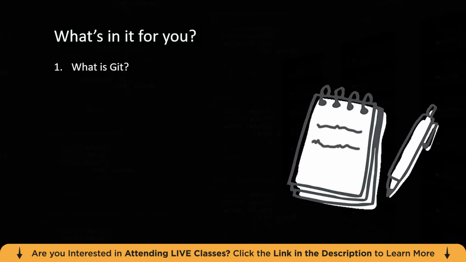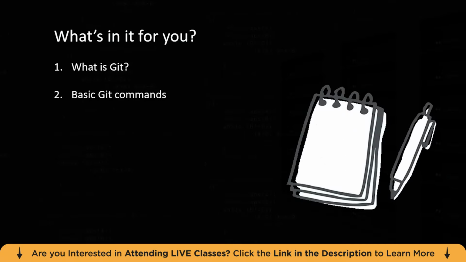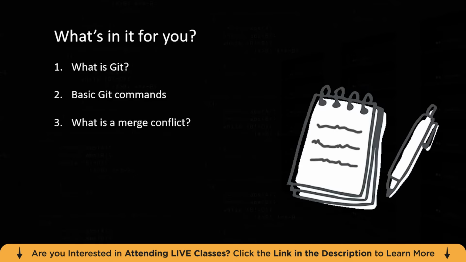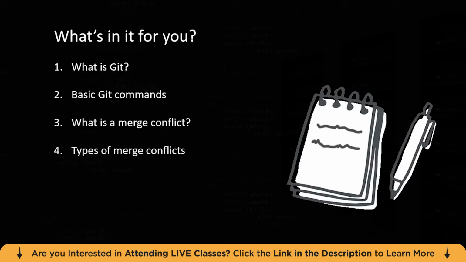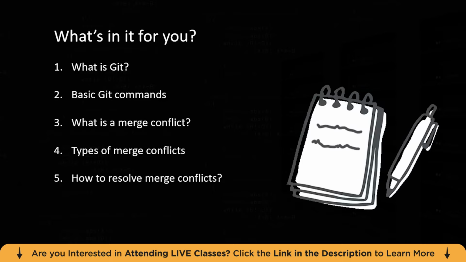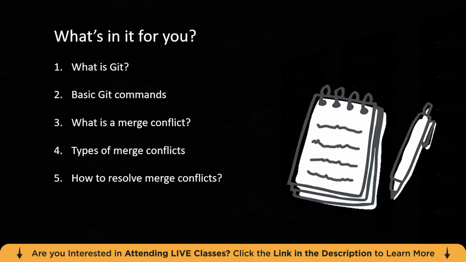Now what exactly are we going to talk about here? We are going to talk about what exactly the Git version control system is. We are also going to talk about the basic Git commands used in Git. And then we are going to talk about what a merge conflict is all about, and the different types of merge conflicts which we encounter while doing any kind of merging or modifications, and then how to resolve these merge conflicts faced by a particular developer.